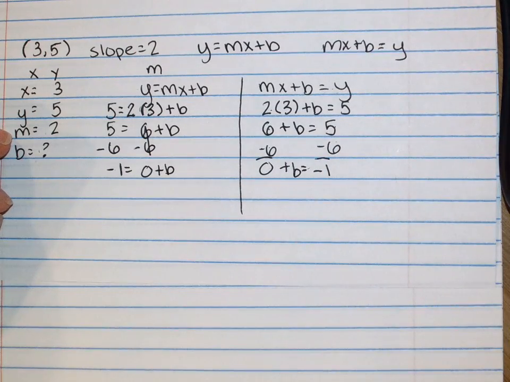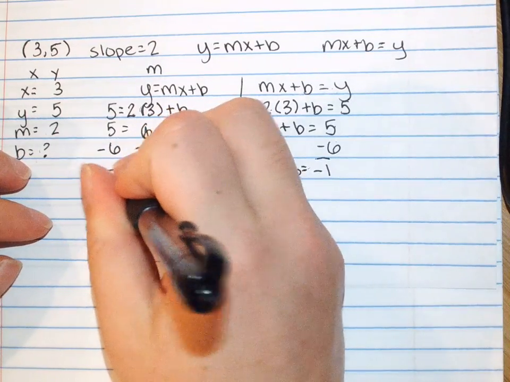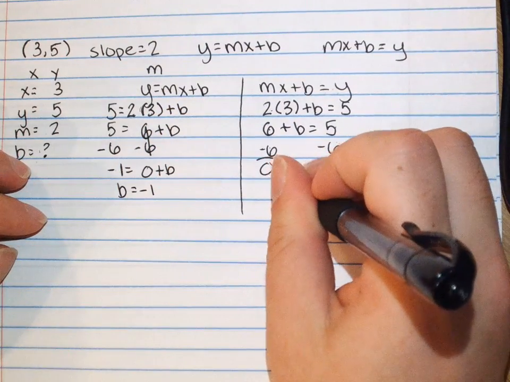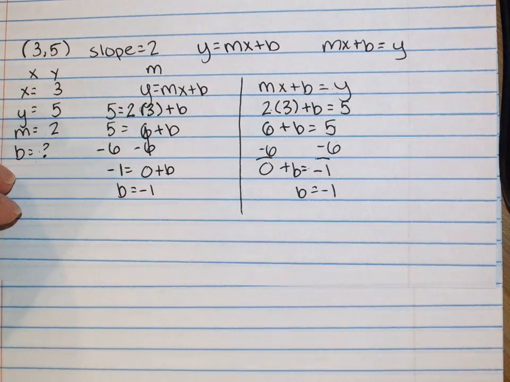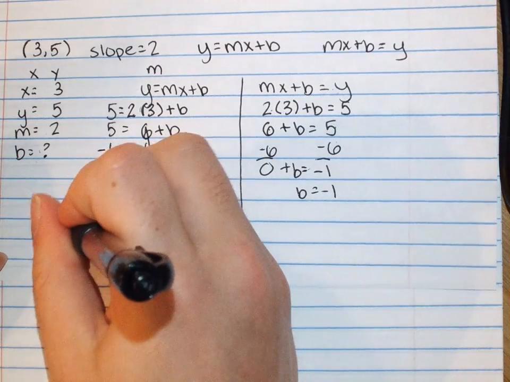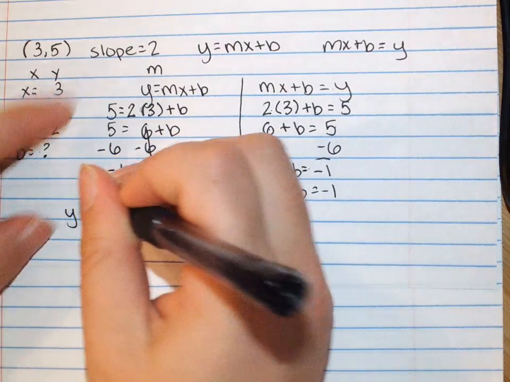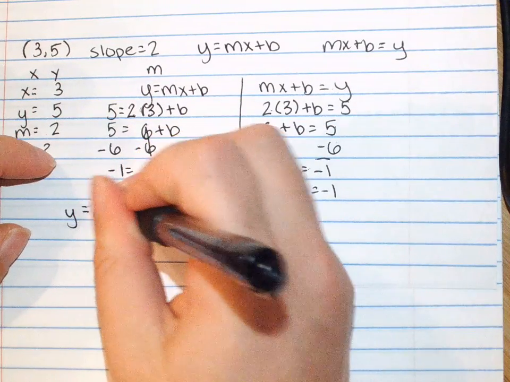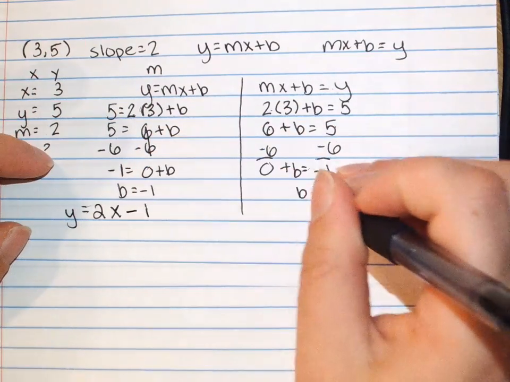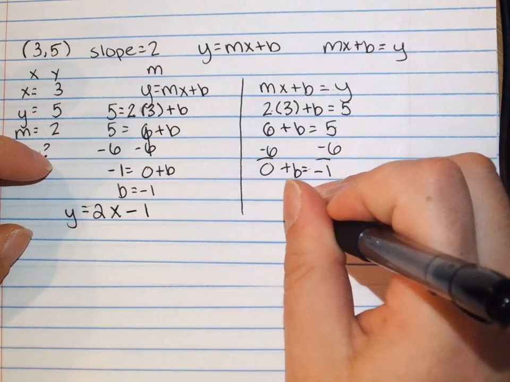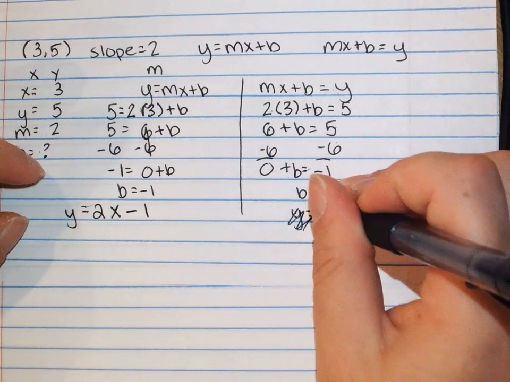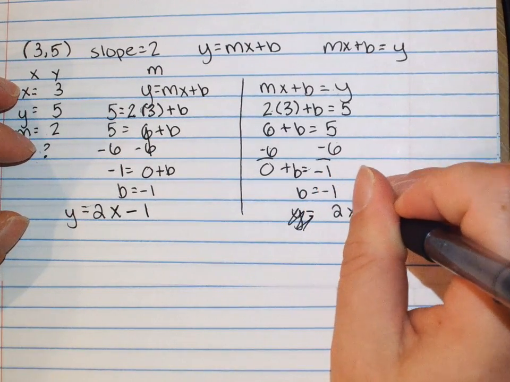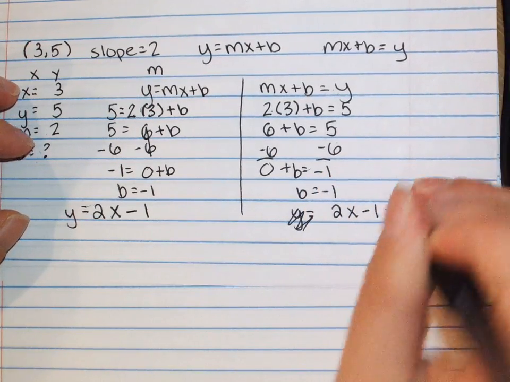Okay. So that means b equals negative 1. And when I write my equation, I'm going to say y equals 2, that was my slope, x minus 1. Y equals 2x minus 1 equals y.